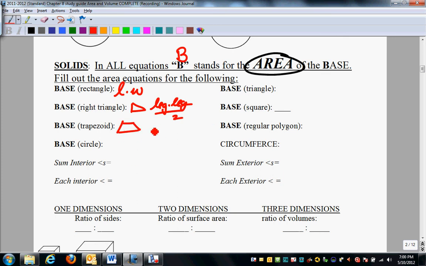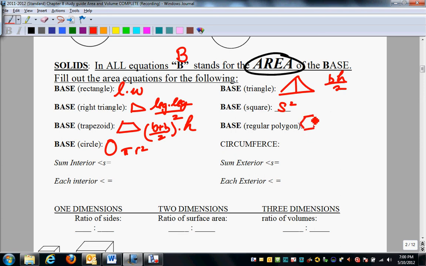Trapezoid is average the bases times the height. Of course, a circle is pi r squared. A triangle is base times height over 2. Square is just side squared. Any regular polygon with all equal sides is perimeter times apothem over 2. Circumference, of course, is d pi.